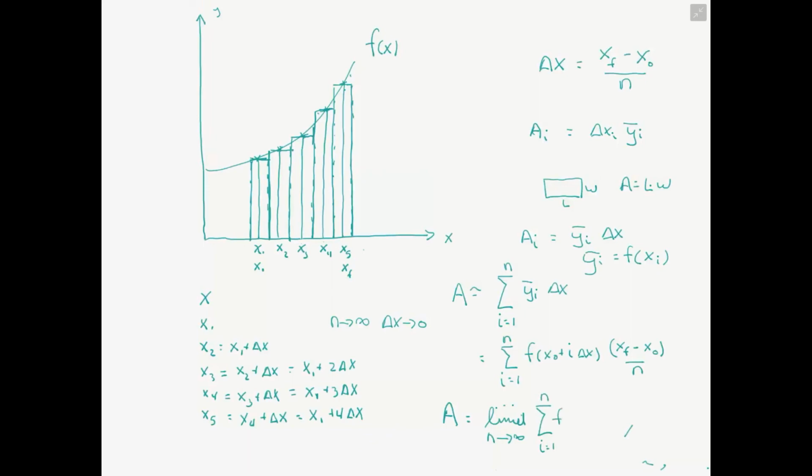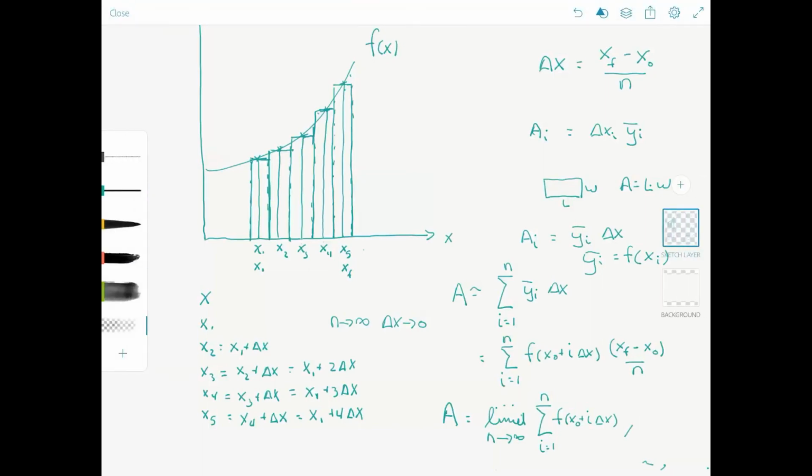So we've got the sum from i equals 1 to n of y average, which is f of x naught plus i delta x, times xf minus x naught over n.